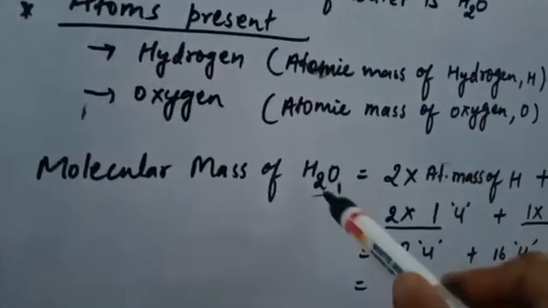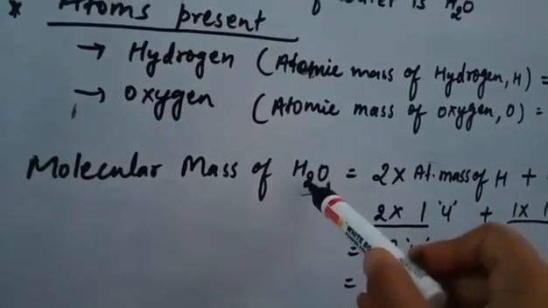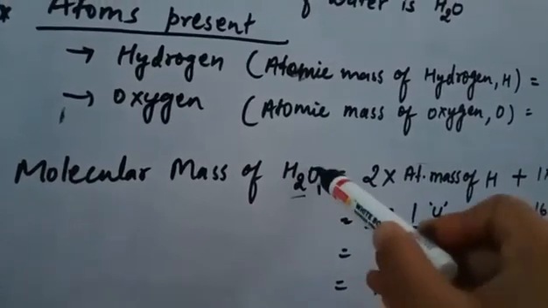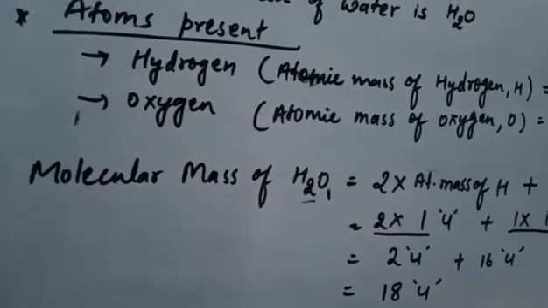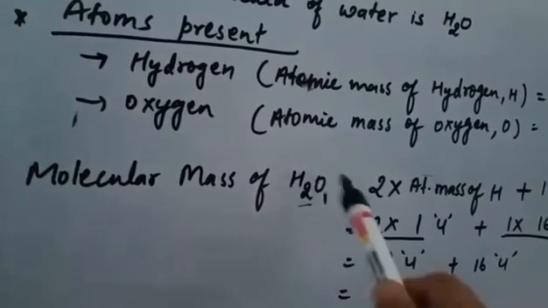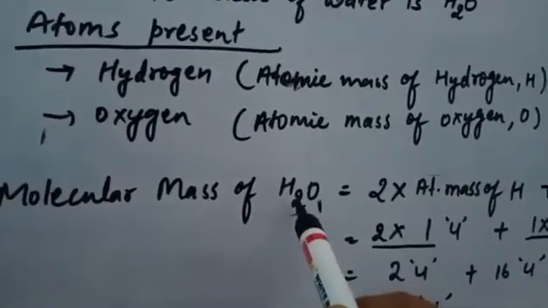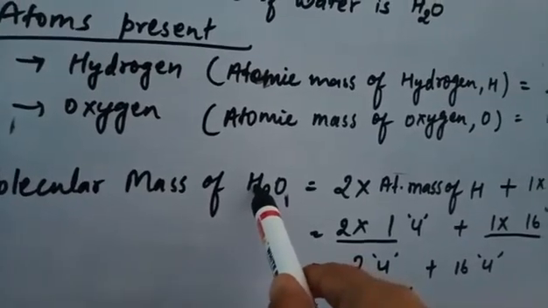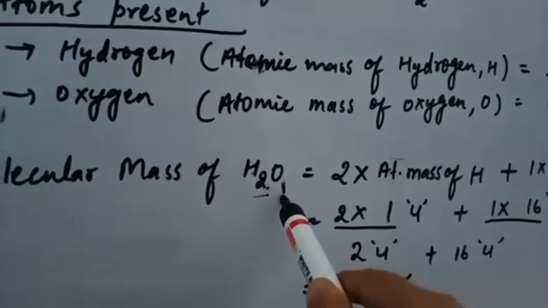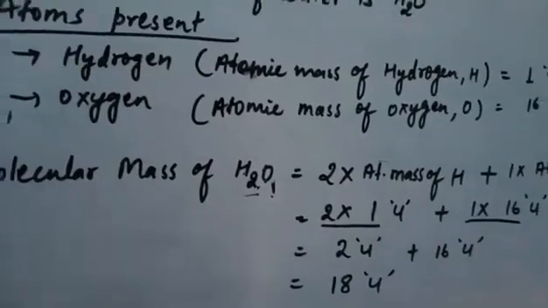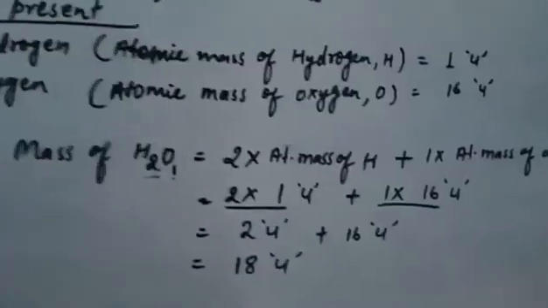There are 2 atoms of hydrogen and 1 atom of oxygen, so we sum up both atomic masses: 2 into the atomic mass of hydrogen plus 1 into the atomic mass of oxygen, and we get the molecular mass of water.